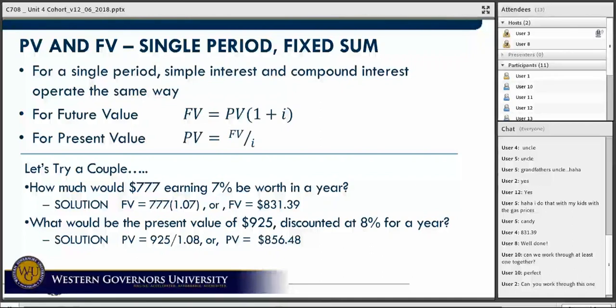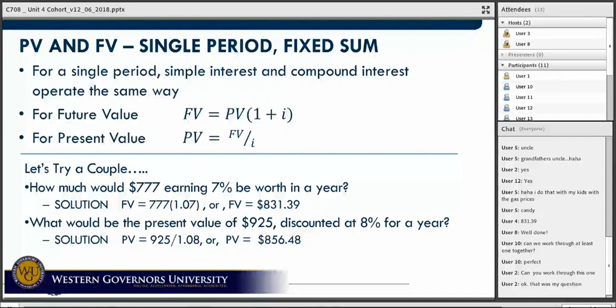So these are the simplest examples, and they don't technically even require that you use the time value of money keys. We're about to do examples where we'll use them, but just as an introduction, these are the most basic, showing here's the operation. So in this case, we multiplied our present value of 777 by 1 plus the interest rate, the 7% interest rate.